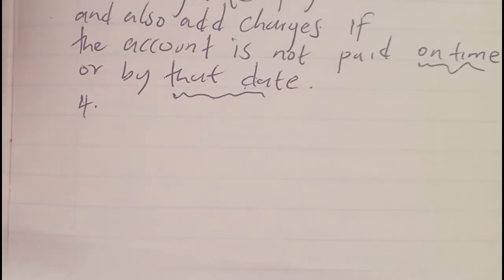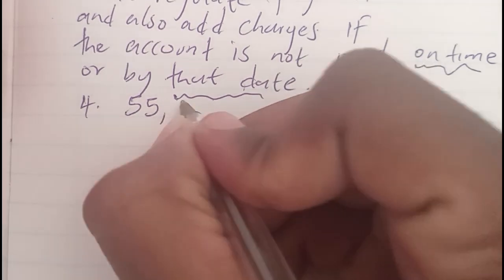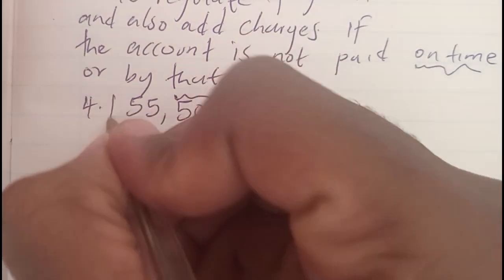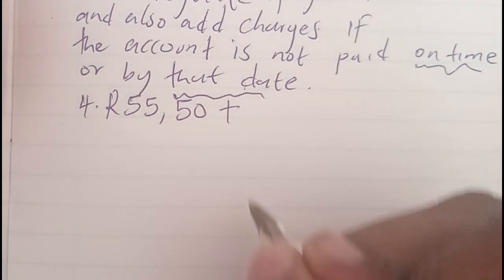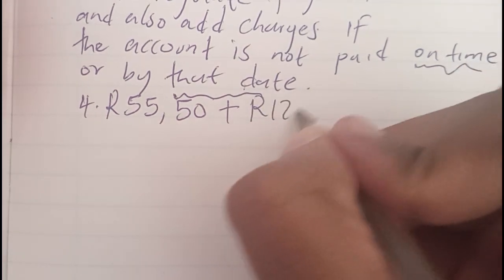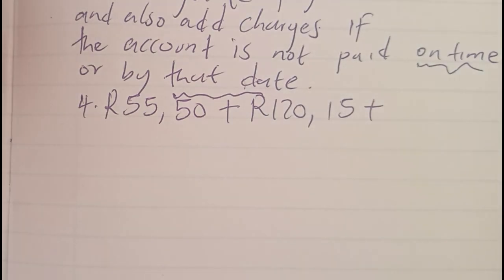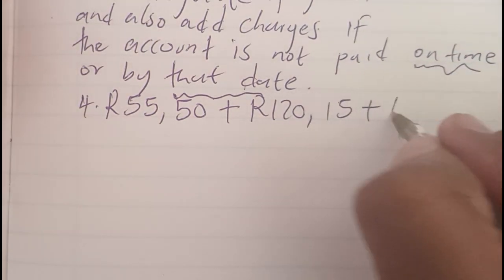You see, so meaning we'll say the first one is 55.50. Let's show rands even on our calculation. And another one is 120 rand 15 cent plus, and the last one is 500 rand.